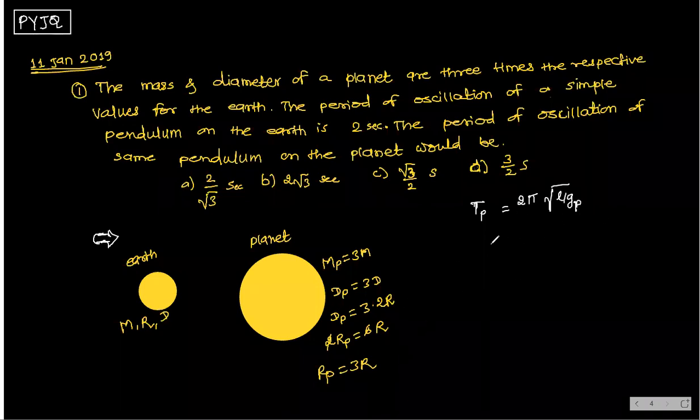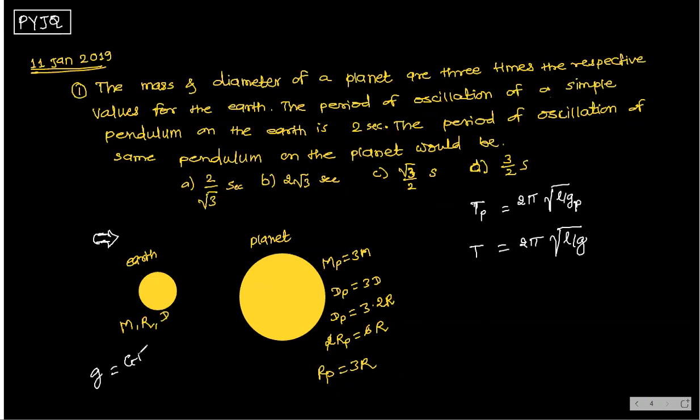And T on Earth, I am denoting T only, is 2 pi under root L by g. Now g for Earth is GM by r square. And gp is GMp by rp square. Now substitute all the values.